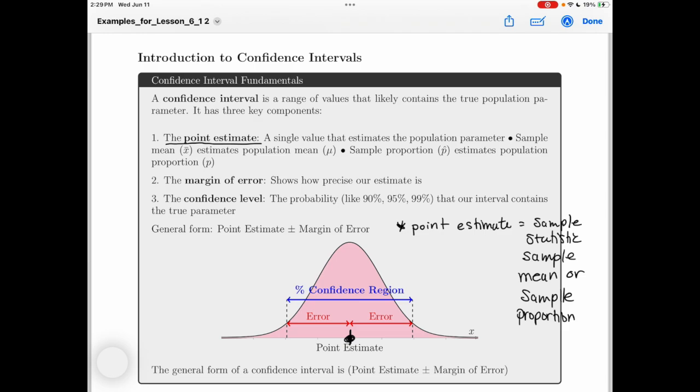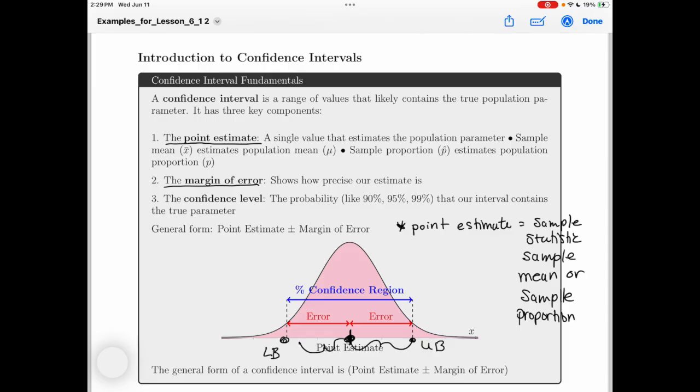And then we have what's called a margin of error, and that tells us how wide the interval comes out, and that's based on our confidence level. So the margin of error is the distance that we come out in either direction to create the lower bound and to create the upper bound of that interval, which will give us our range of values.